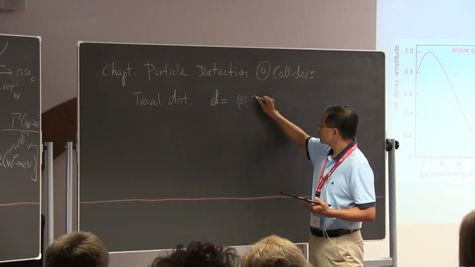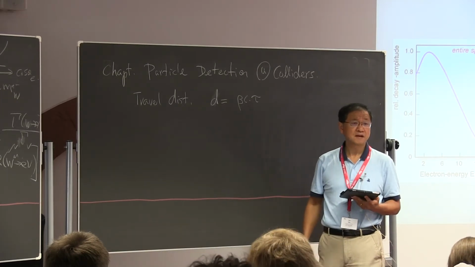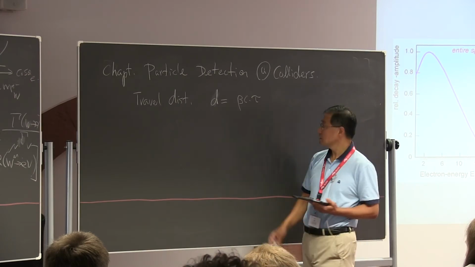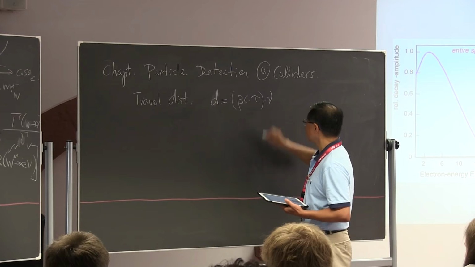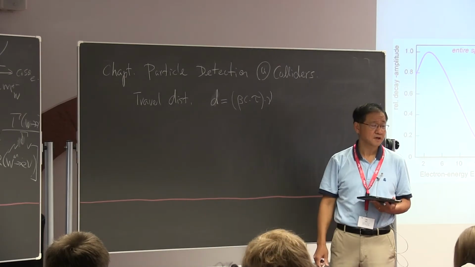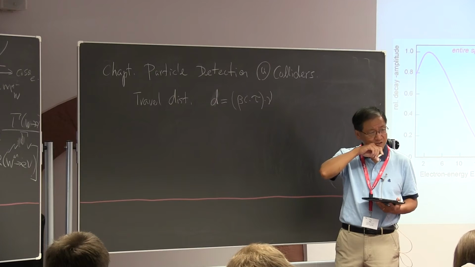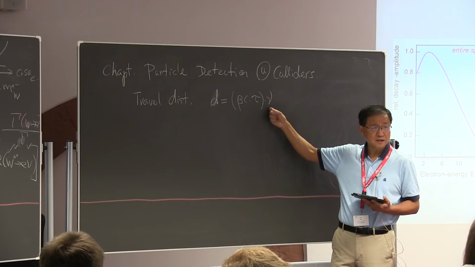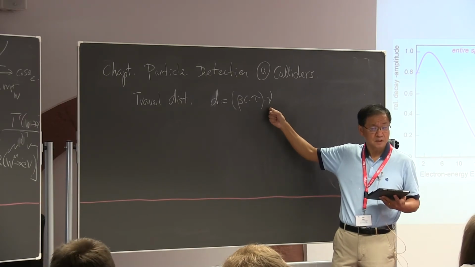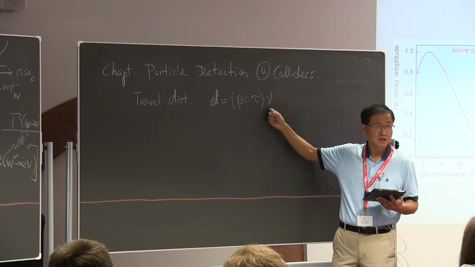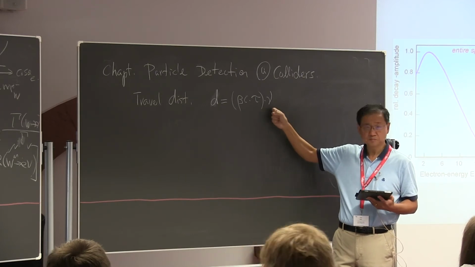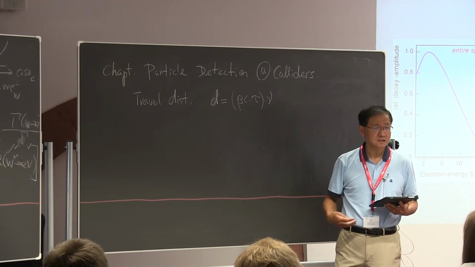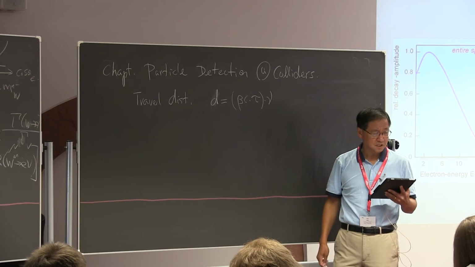Then how long does this particle live? That's the proper lifetime, which means the lifetime when the particle is at rest. But then this particle will have a Lorentz boost, the gamma factor, the Lorentz factor, as we discussed yesterday. Also, the faster this particle is, the relative boost factor between our lab frame, your detector frame, and the production frame will be enhanced.